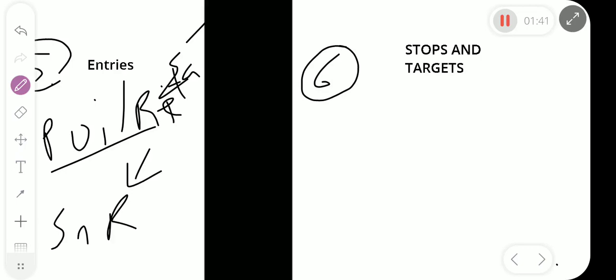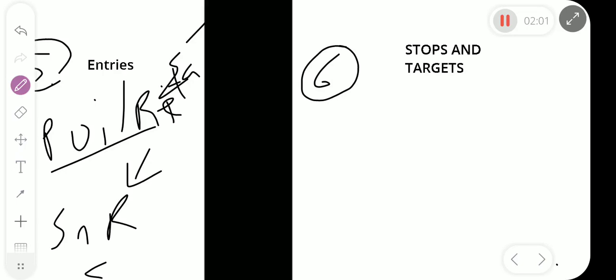And if you are in supply and demand, you're going to choose whether you are entering in supply or demand, okay? That's our fifth step when it comes to a trading plan. As a trader, you must know where you enter. As for SMC traders, we enter at our POI, right?